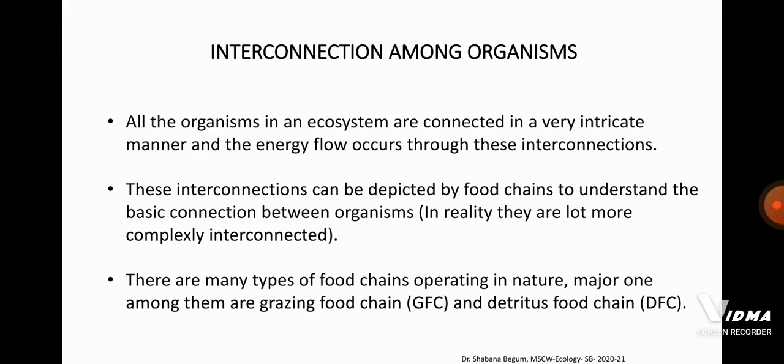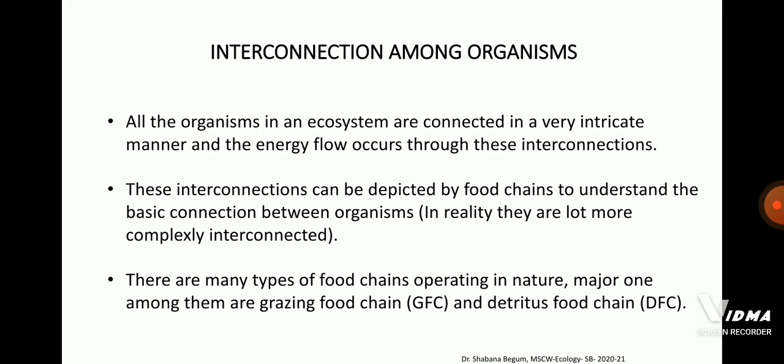Let me tell you what food chains are. Food chains give you the linear relationship between producers and consumers in an ecosystem, where there is transfer of energy from one trophic level to the next with the process of eating and being eaten.